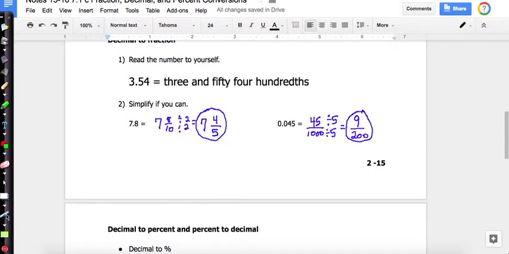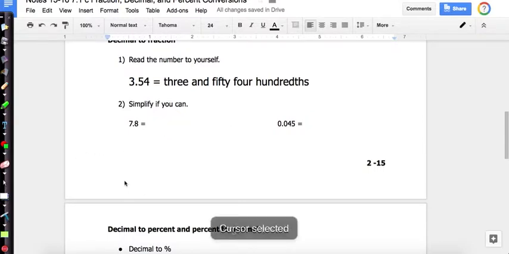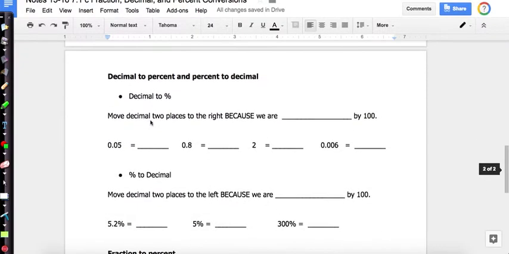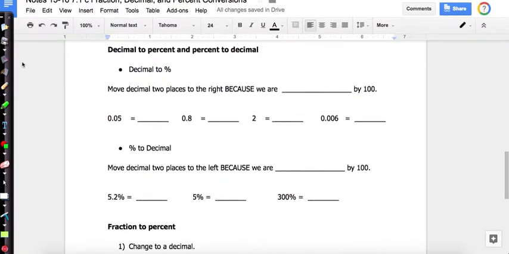Okay, turn the page and we're going to look at decimal to percent and percent to decimal. Now, before we look at those, there's probably a trick that you learned maybe in 5th or 6th grade, and it's called Dr. Pepper. So write this up here where I am. So there's your D, P. And here's how it works.